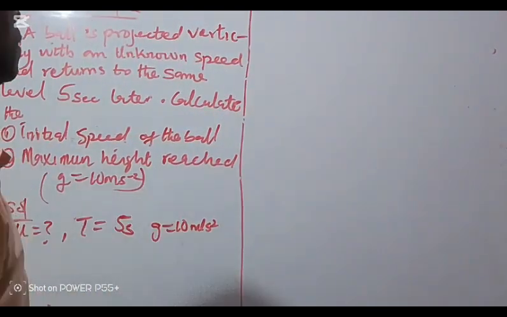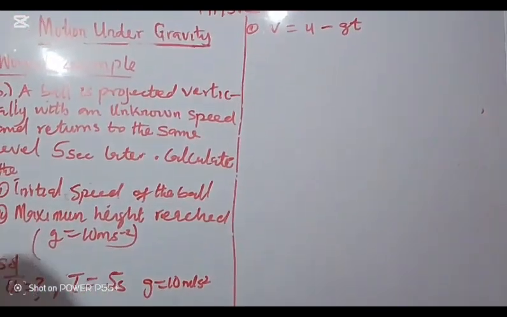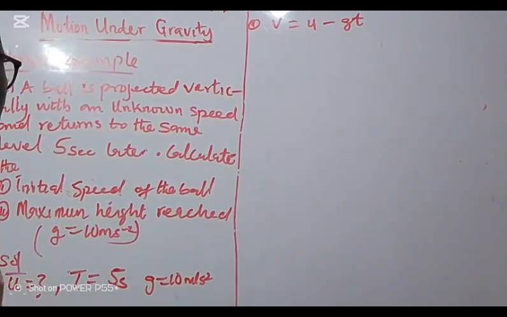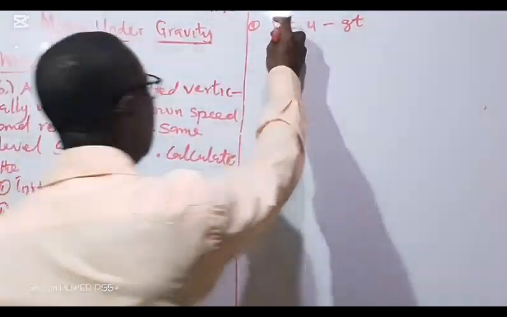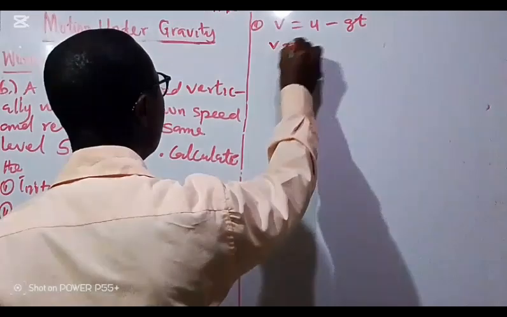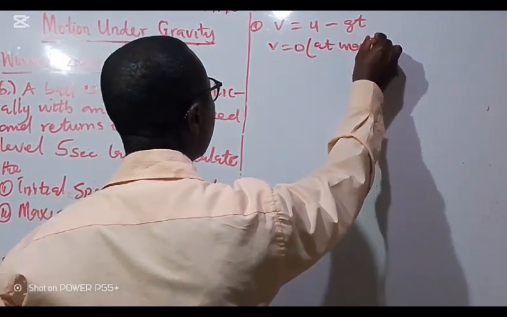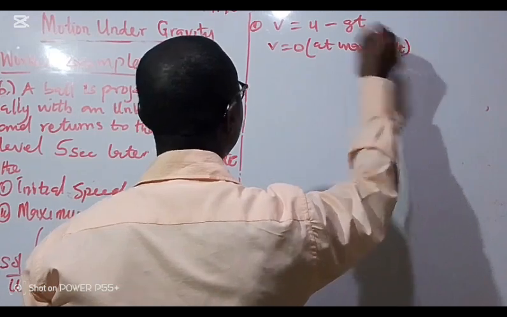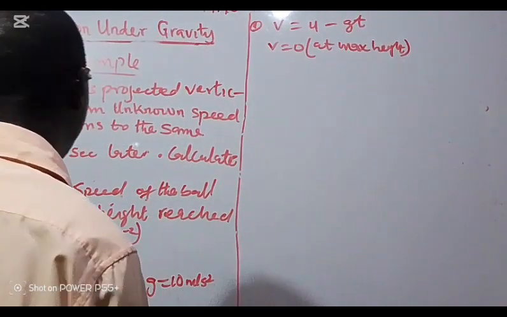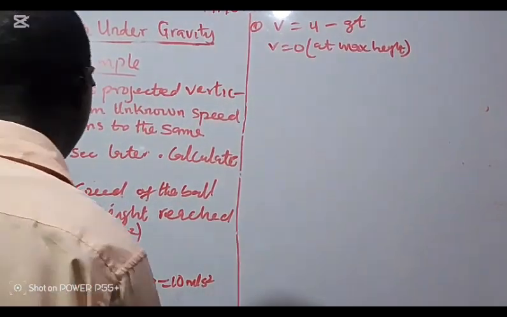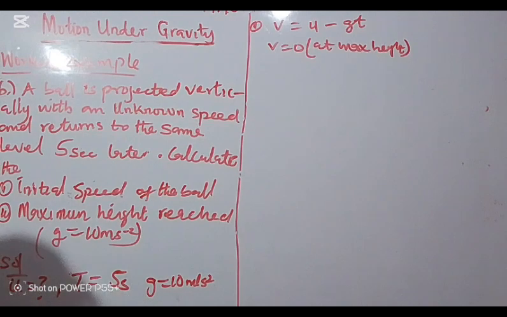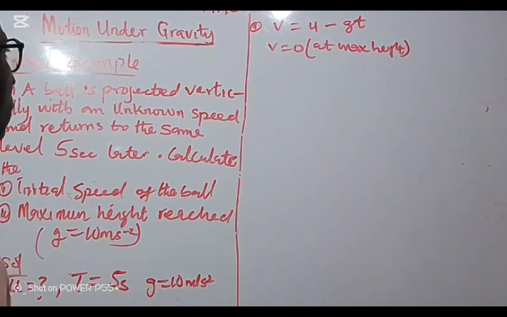Don't forget, v will be equal to 0 at maximum height, because the question says we should calculate the maximum. So at maximum height, v will be equal to 0. Then we have to calculate u.